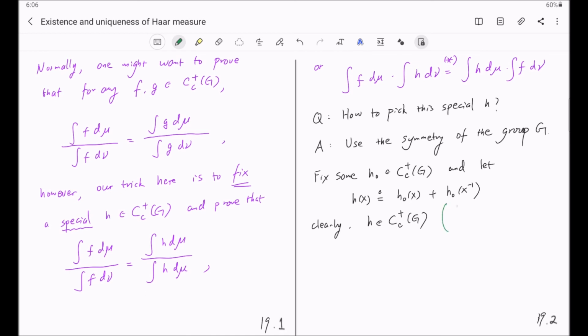And here you should observe that the support of this function, h naught of x inverse, is equal to the inverse of the set of supports of h naught. So h is in C_c^+(G), and h of x is equal to h of x inverse.